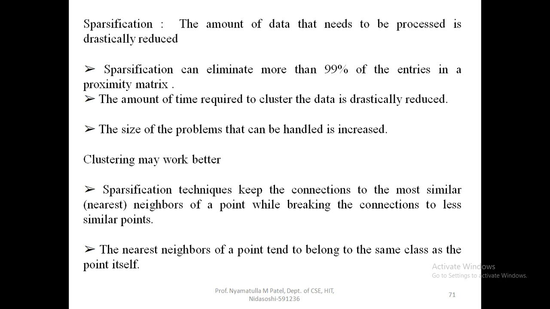So, in order to convert this fully connected graph into a format which can give a proper number of clusters, we use sparsification. The amount of data that needs to be processed is drastically reduced. It can eliminate about 99% of the entries in the proximity matrix, so 99% of the outliers or noise is removed.